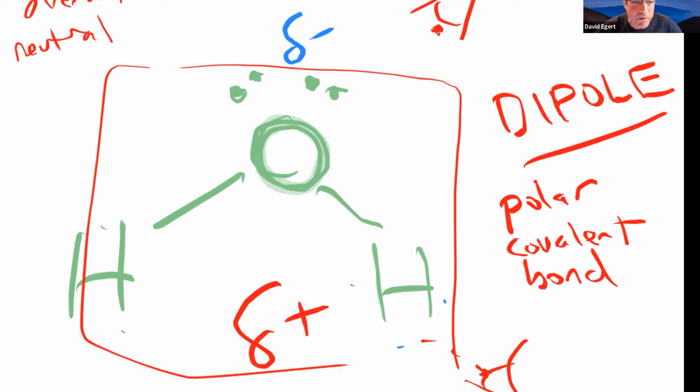But when you're up close to this thing, this side is more negative and the other side is more positive. This is going to be critical when you're trying to understand solubility and things like that. So this is a polar covalent bond, as opposed to covalent bonds where everything is totally symmetrical.